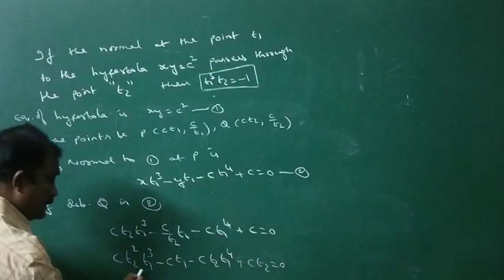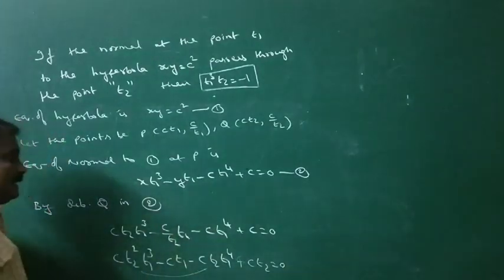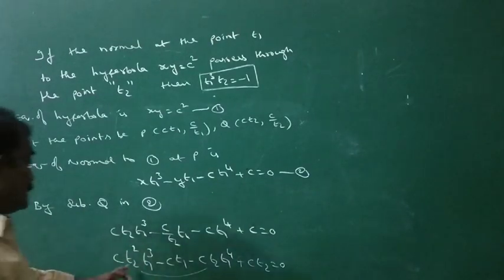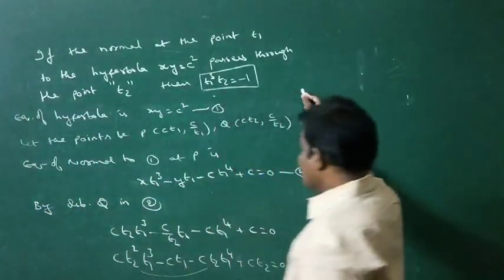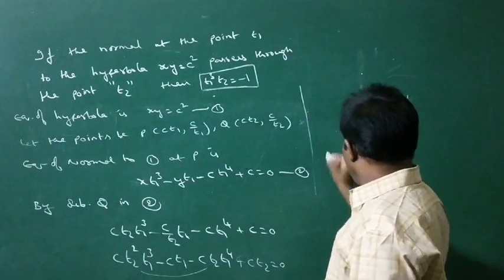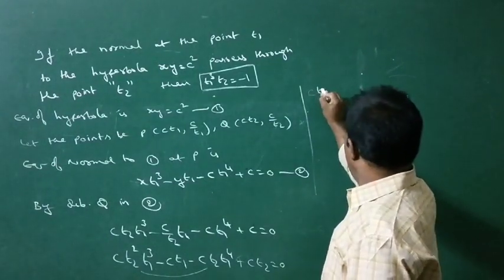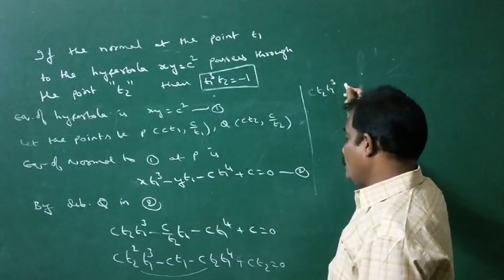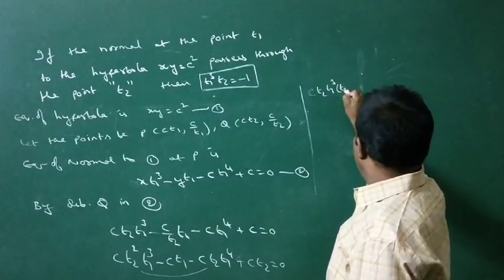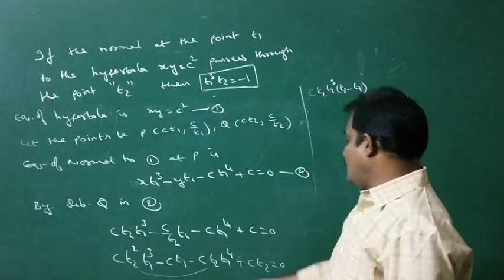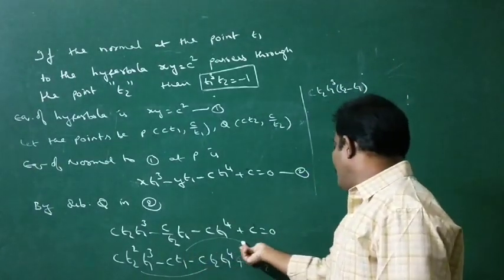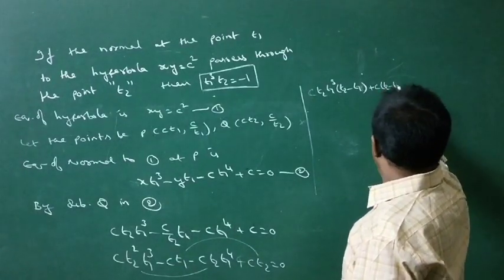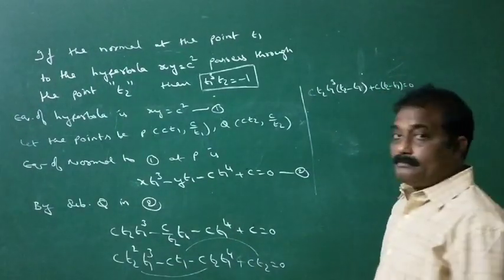Now, by taking c T2 T1 cube as common in these two, c T2 T1 cube into (T2 minus T1), by taking plus c as common in these two, c into (T2 minus T1) equal to 0.